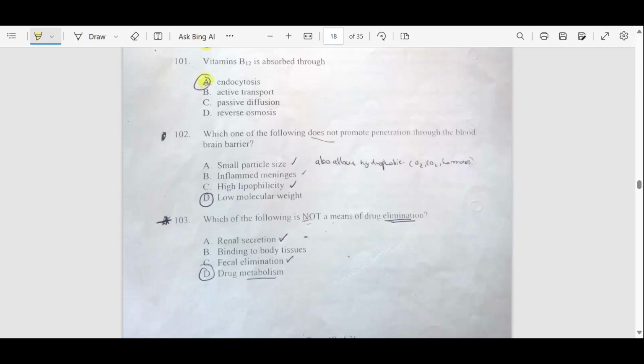We also have vitamin B6, which is pyridoxine. Niacin is vitamin B3, and folate is B9.